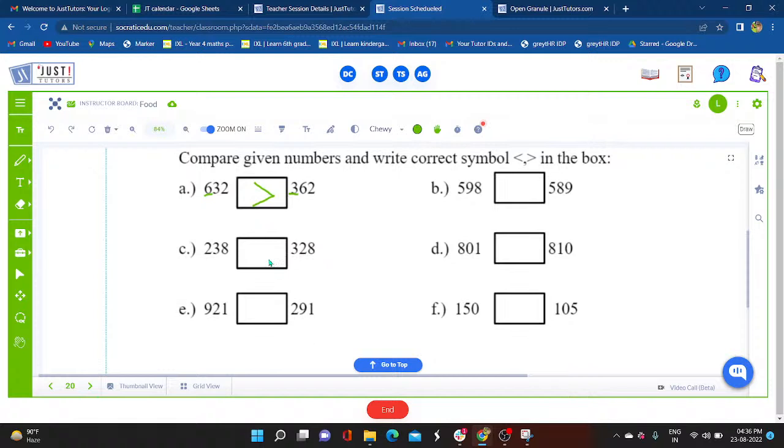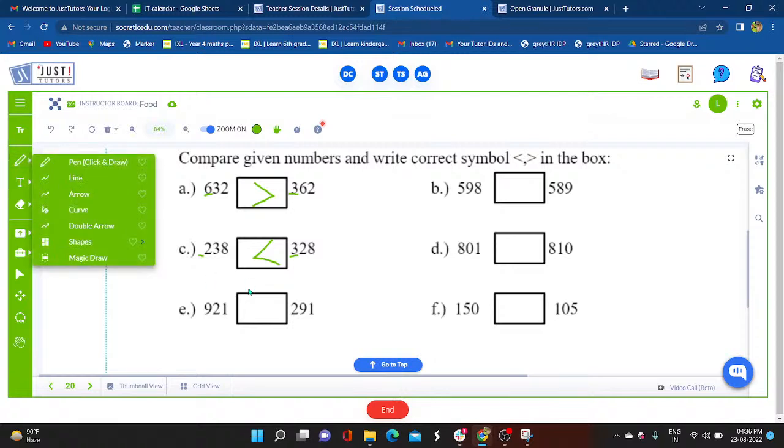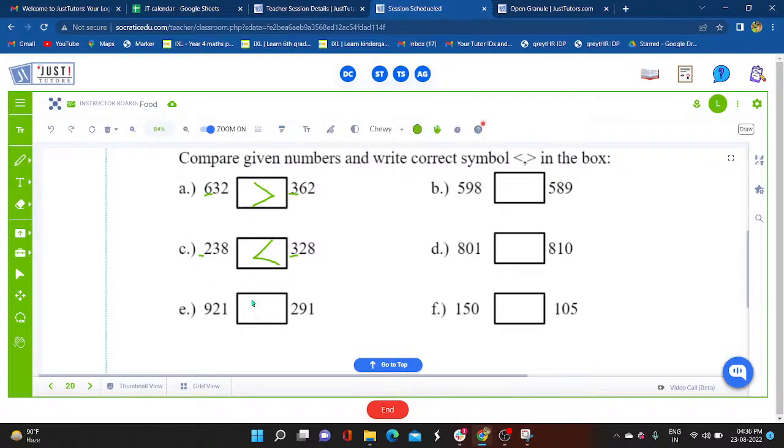Now 238, 328. 328 is bigger because 3 is bigger than 2. 921, 291. 921 is bigger because the 9 is bigger than 2.